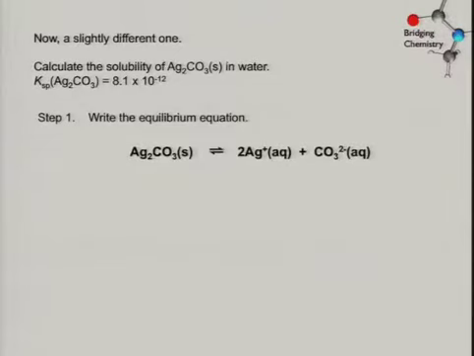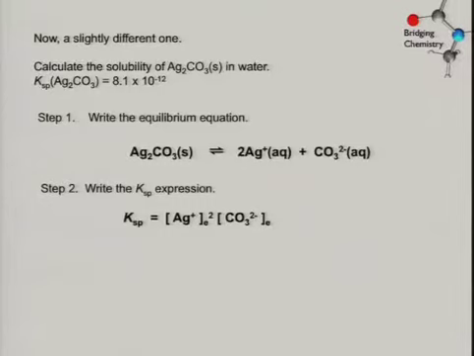If we write the KSP expression for this one, it's going to look like this. Because there's a 2 in the balancing, KSP equals the concentration of the silver ions at equilibrium squared times the concentration of the carbonate ions at equilibrium.